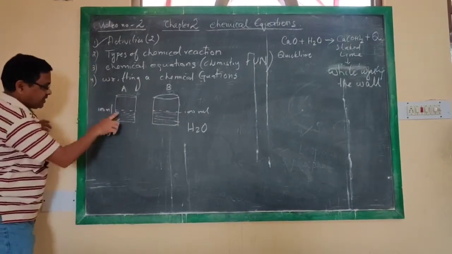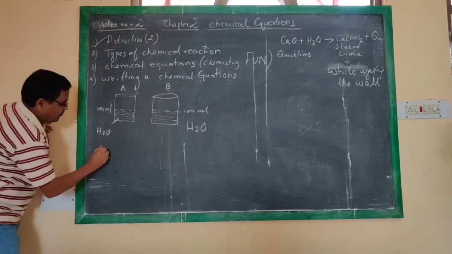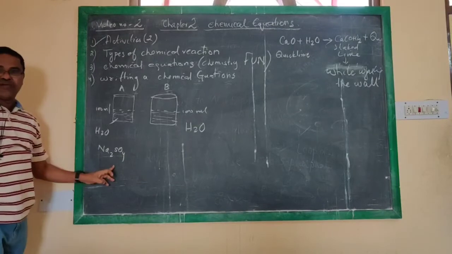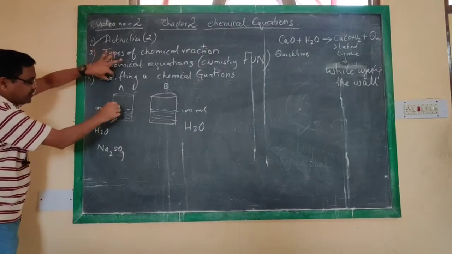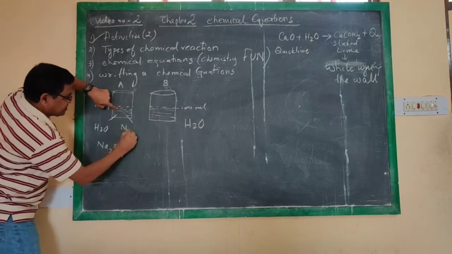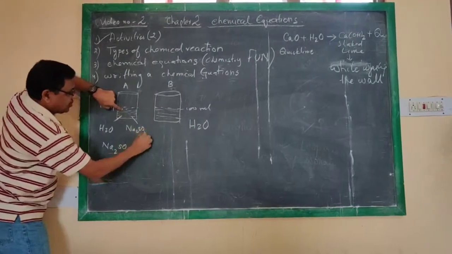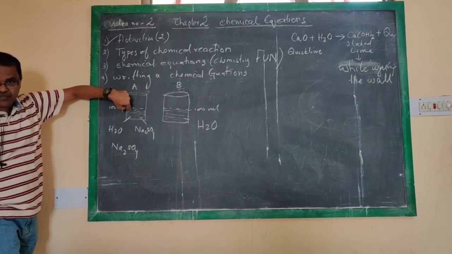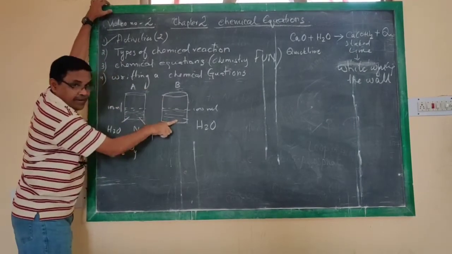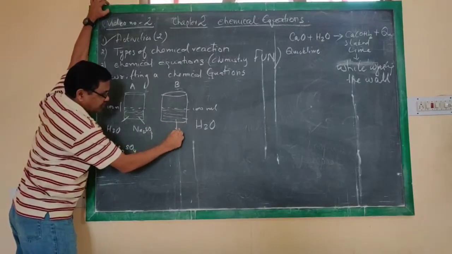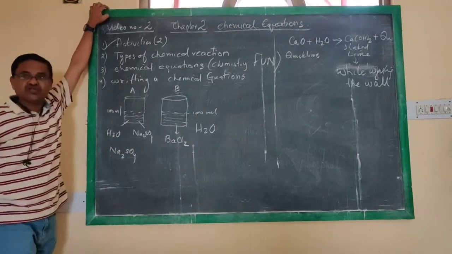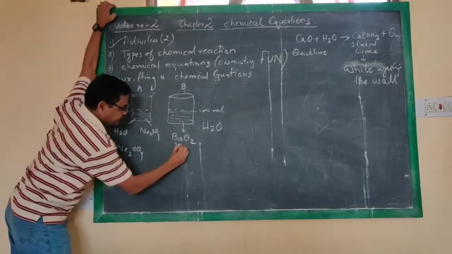First, in beaker A, we take 1 teaspoon of sodium sulfate and put it in beaker A. Sodium sulfate is a colorless liquid. In beaker B, we put barium chloride, BaCl2, salt.